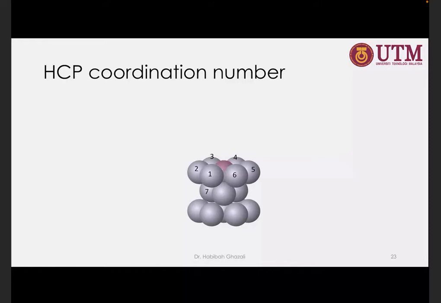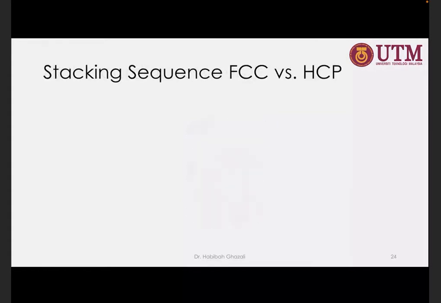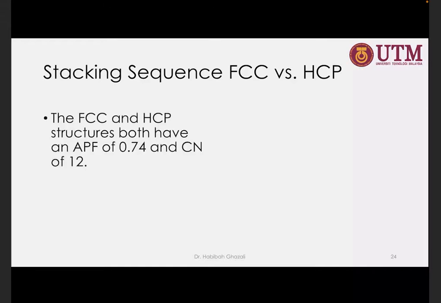Then at this side also it is coordinated with 7 atoms, 8, 9, 10 on the other side, and then 11, 12. So it has a coordination number of 12. So one single atom will touch these 12 atoms. So the coordination number for the HCP structure is 12.